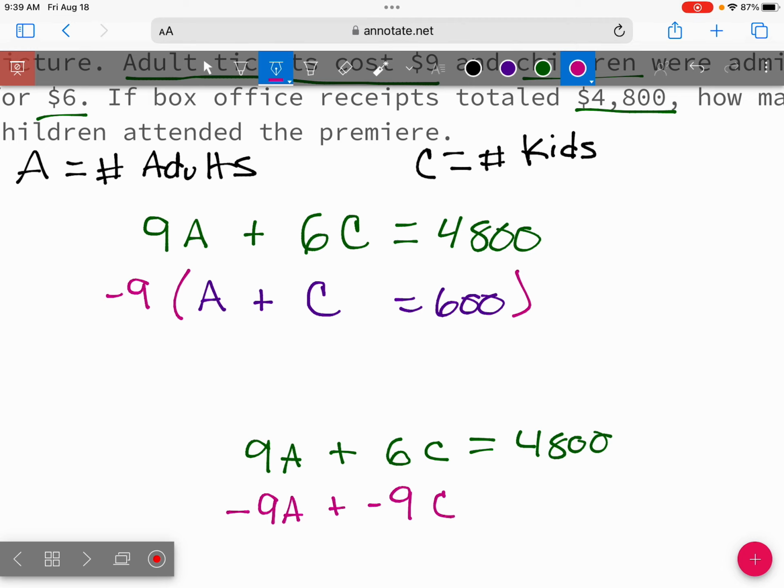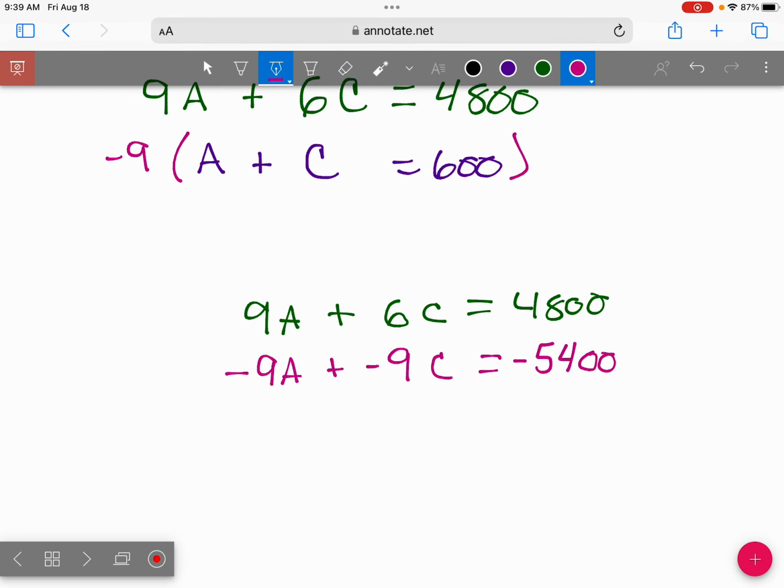I do not care if you double sign it. I genuinely don't. If it helps you keep things organized, do it. Equals -9 times 600 is... yes, -5,400. I'm going to scooch it up a little.